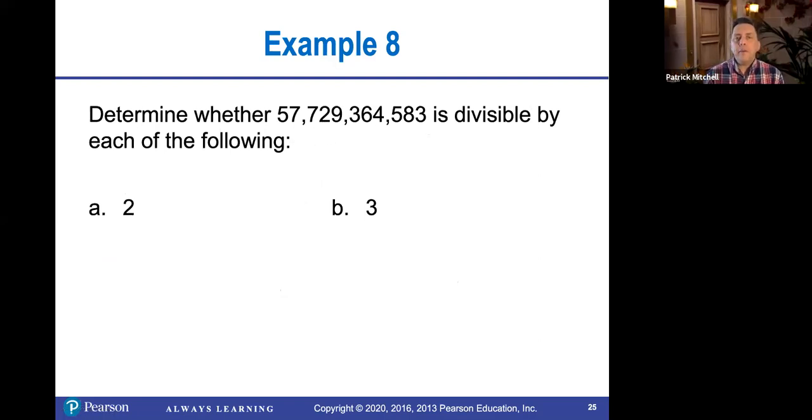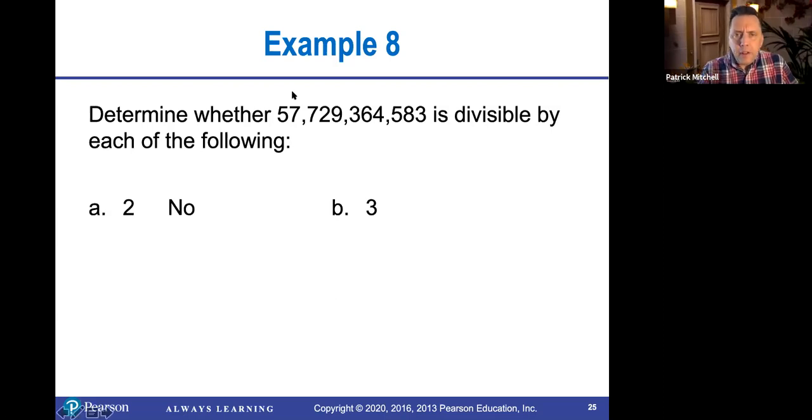We're going to determine whether, let's see, what is that number? 57,729,364,583 is divisible by each of the following. So clearly, it's not divisible by 2 because it ends in a 3. Let's see, is it divisible by 3?